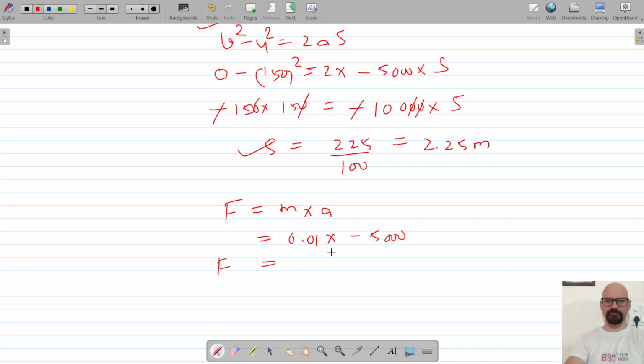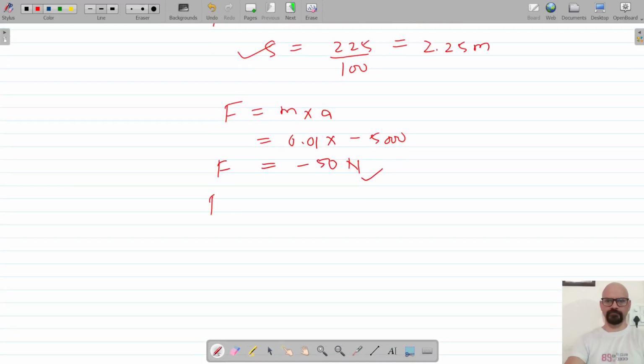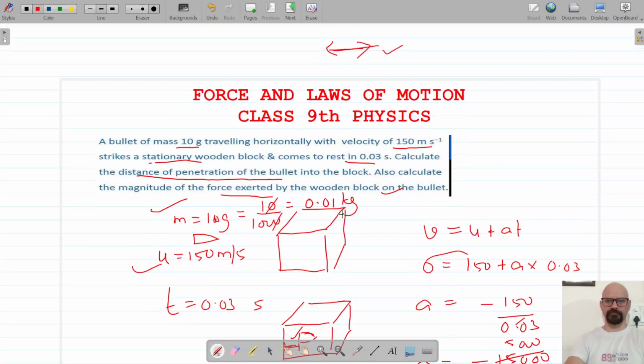So the force exerted is negative 50 Newton. This is the force exerted where negative is for the direction, and if you just take the magnitude, you can just write it as force F is equal to 50 Newton. This is the magnitude of force exerted by the bullet on the block.